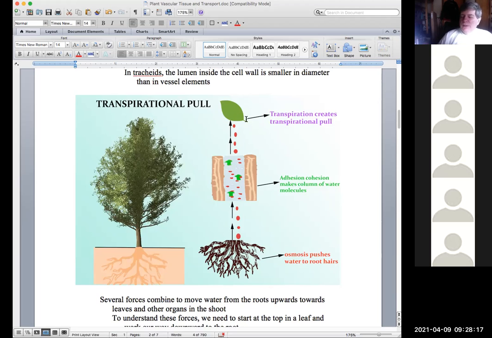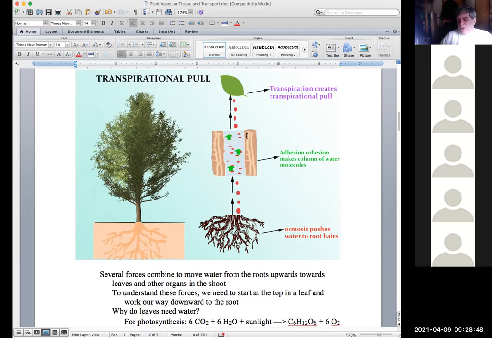The process that occurs in the leaves that pulls the water up is called transpiration, which is really just the technical term for evaporation. You might sweat on a hot day; plants transpire on a hot day. Transpiration just refers to that loss of water out the stoma that we've talked about on several occasions.